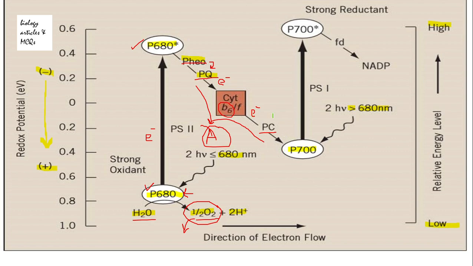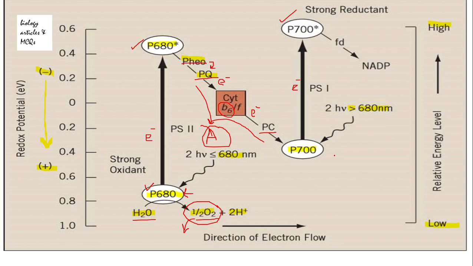But guys, as the electrons from the plastocyanin enter the P700, the P700 will transfer its electrons, which are excited towards the primary electron acceptor of P700, and again there is the creation of an electron hole in the P700.